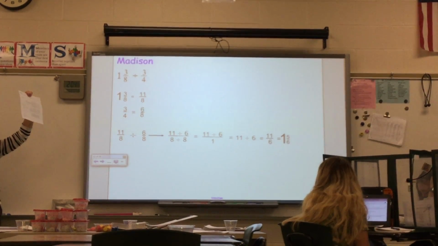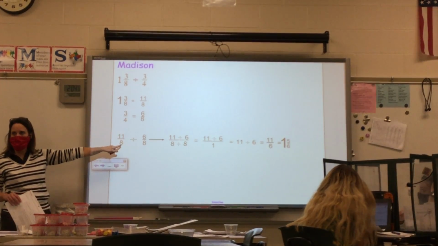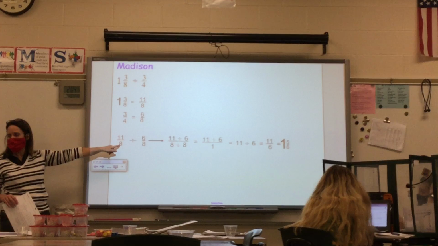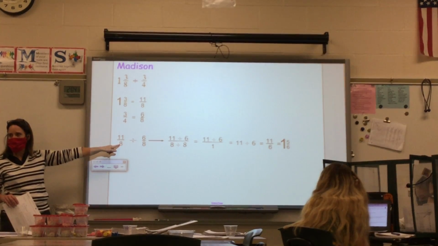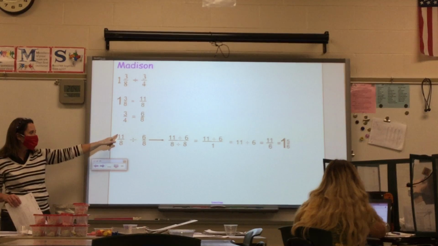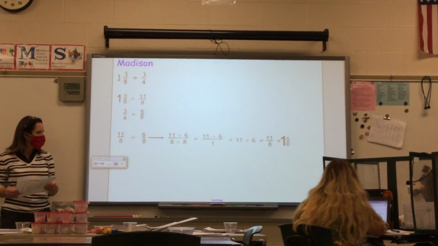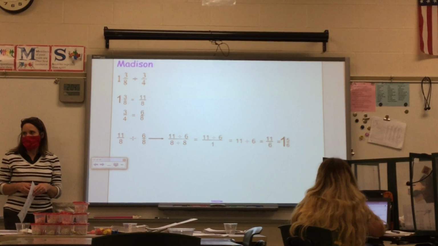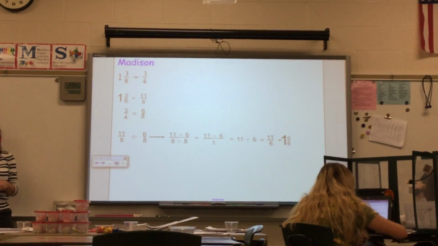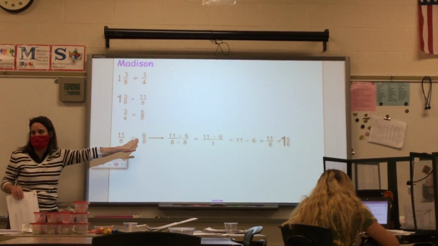Everybody see the 11 divided by 6? In front of that, write this. You're probably going to have to write kind of small. In front of that, write 11/8 divided by 6/8. Just the 11/8 divided by 6/8 in front.